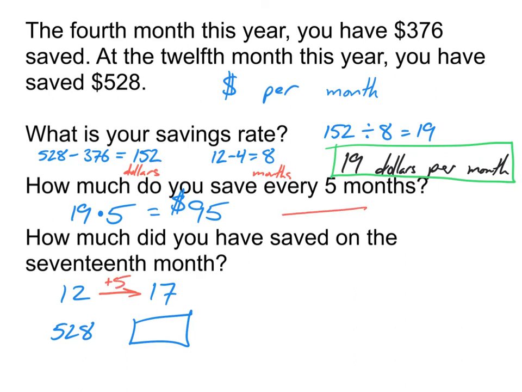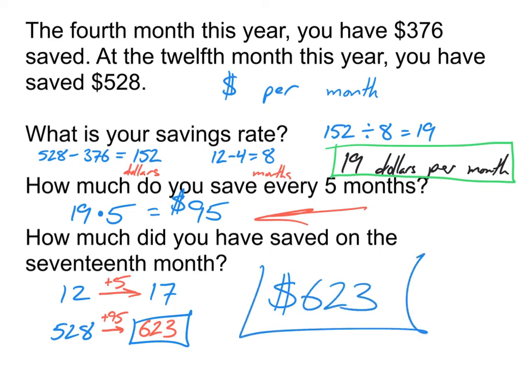Well, isn't that the same as what we did up here on that last one? Every 5 months, we know that we save $95. So that means there's going to be another $95 saved. That gives us 623, which means then that on the 17th month, we would have a grand total of $623 saved.